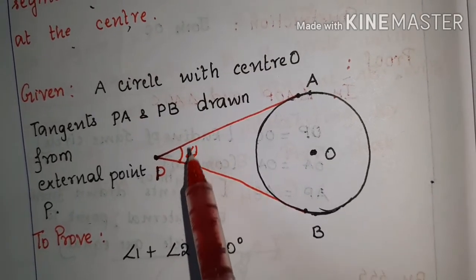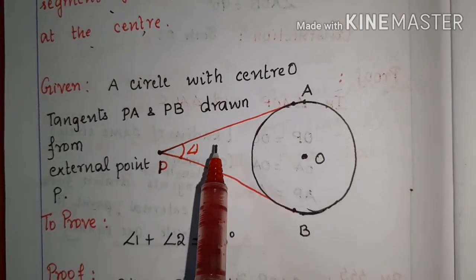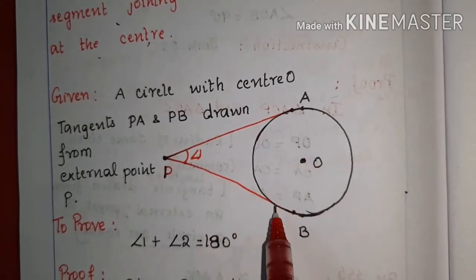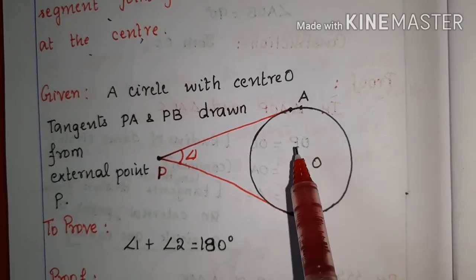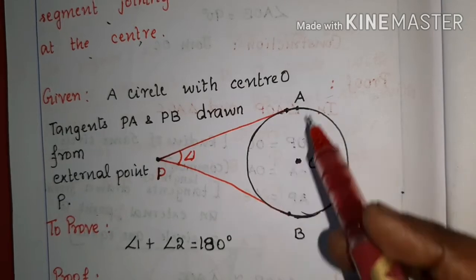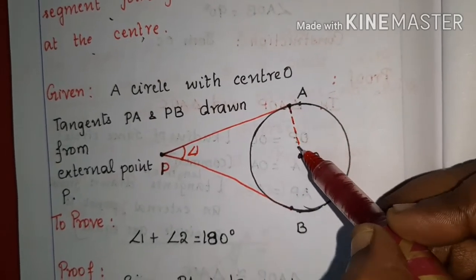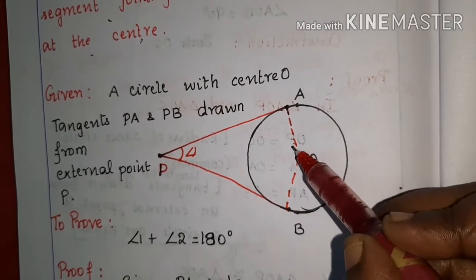So the angle inclined between the two tangents is supplementary to the angle subtended by the line segment joining the points of contact to the center. So this line segment is joining the point of contact to the center, and it is subtended to this angle.